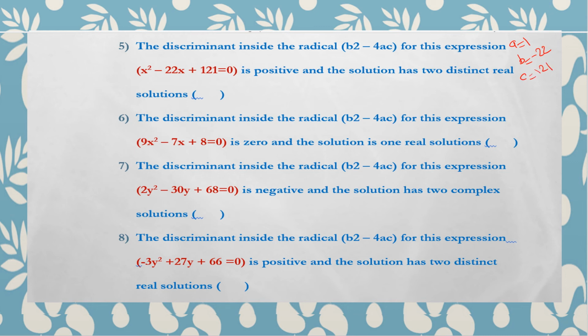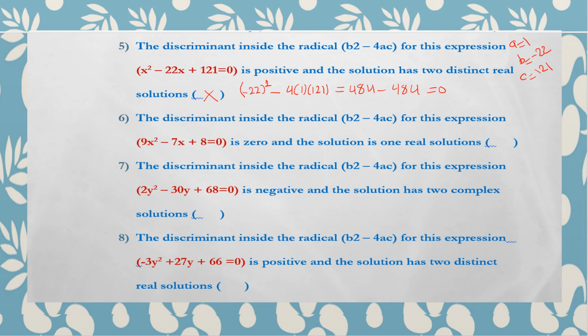By substituting these values in the discriminant, b squared equals negative 22 squared minus 4 times a, which is 1, times c, which is 121, and this equals 484 minus 484, and this equals 0. So the discriminant equals 0, and this means that we only have one solution for this expression. So the statement is false.